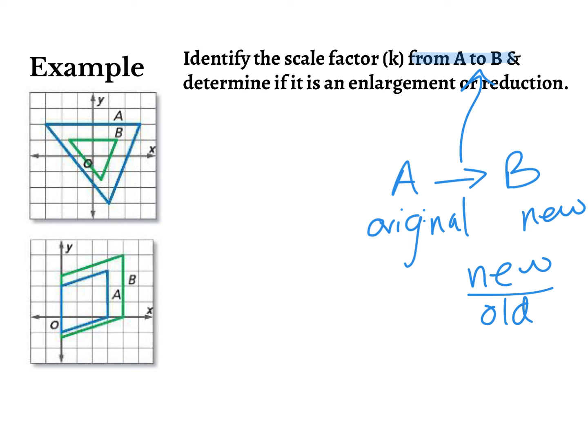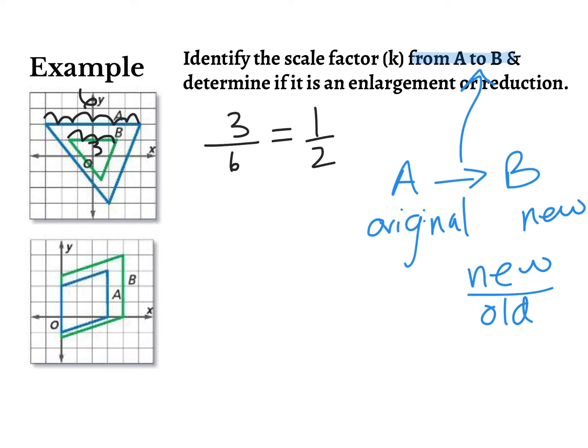All we do is count the number of squares. For the green one, we have 1, 2, 3 squares. And for the blue one, we have 1, 2, 3, 4, 5, 6 squares. So the new image has 3 units and the old image has 6 units. That reduces down to 1/2.